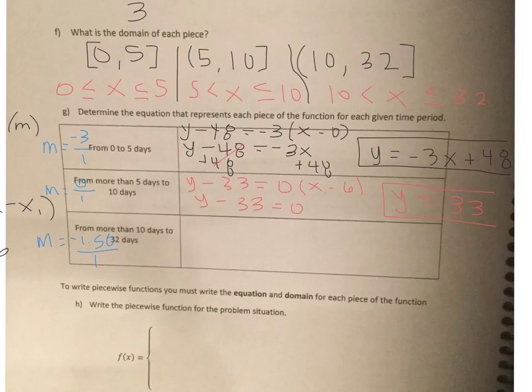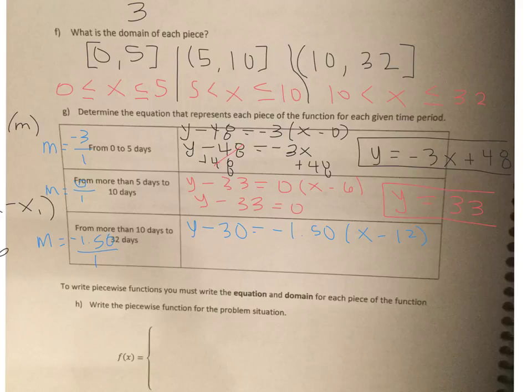I'm going to use 12, 30. So y minus y1, 30, equals my m, -1.50, parentheses x minus my x1, which was 12. So you can pick any point that's in the section. I chose the second point because it wasn't a decimal.